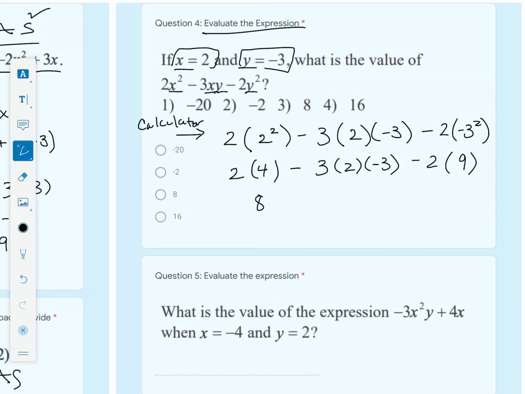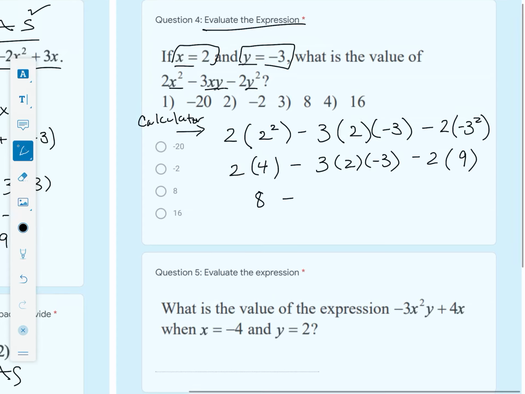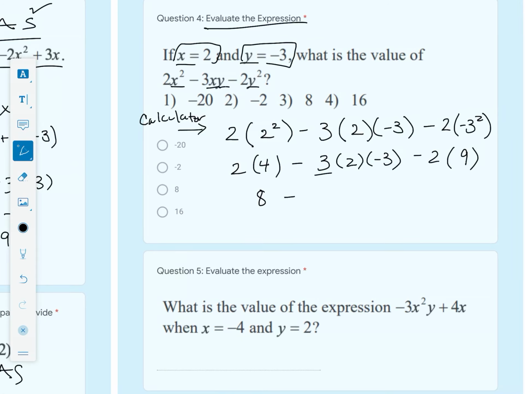Then I continue to do 8 minus, 3 times 2 is 6, times negative 3. 6 times negative 3 is negative 18.